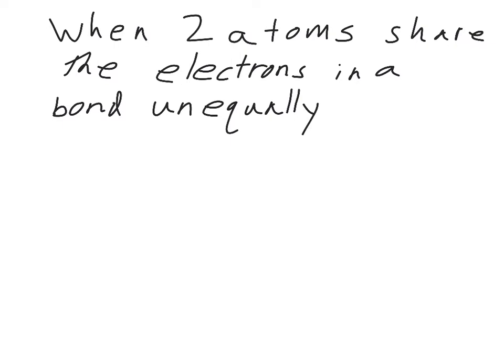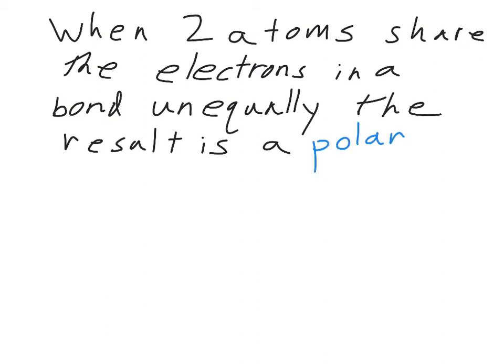When two atoms share the electrons in a bond unequally, the result is a polar covalent bond.